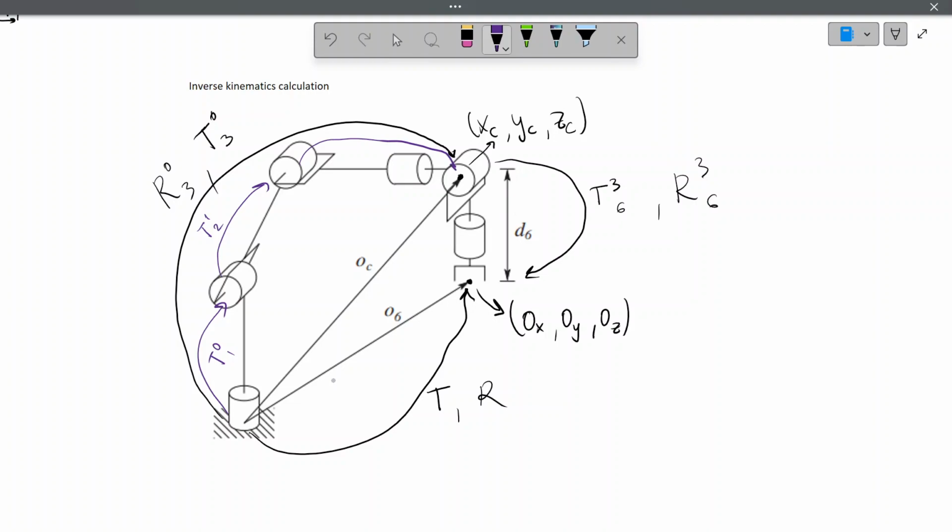Here, this will be t23. So if we want to find t03, which is this one, the whole one, t03 will be equal to t01 multiplied by t12 multiplied by t23. So step by step we can find this point.